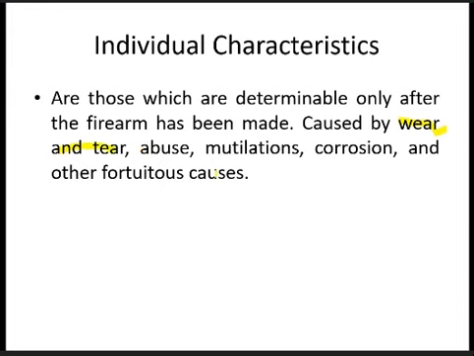Basically, this is what is called individual wear and tear. Of course, we have abuse, mutilations, corrosions, and other fortuitous cases, which are beyond the control of the gun owner or the manufacturer.